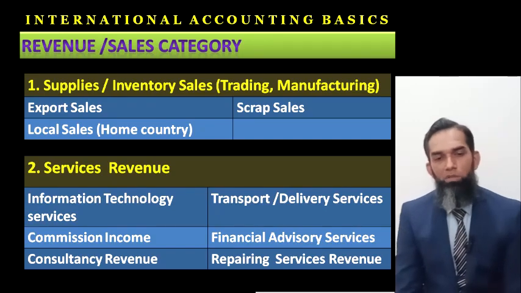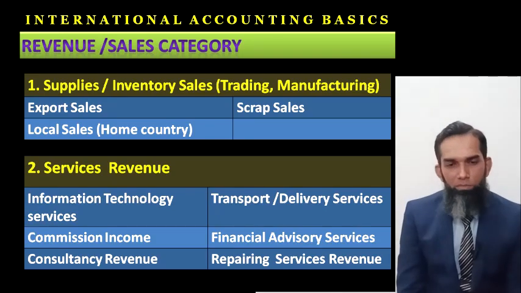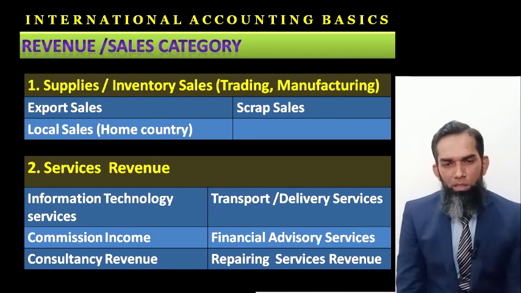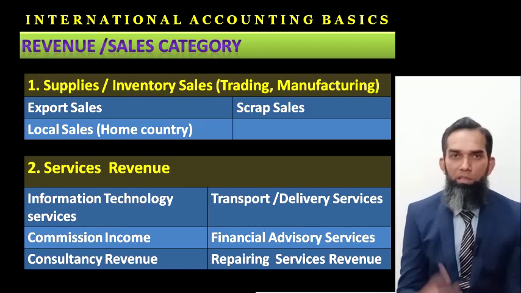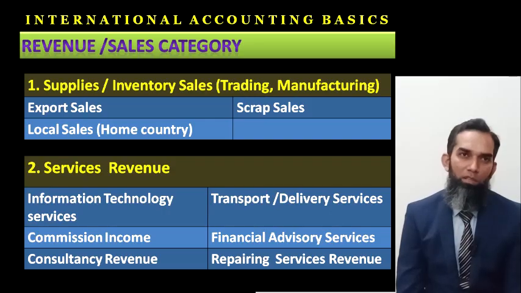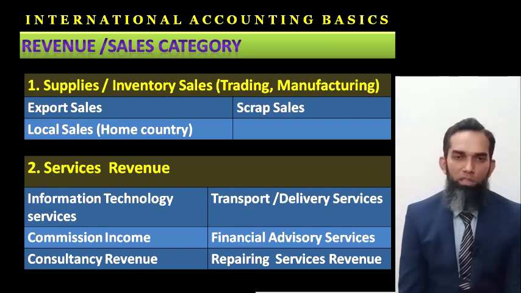And if we talk about the revenue side, what is called revenue, and what are the types of revenues? Actually, there are sales categories in the company. Company sales are from the local side, they do export sales, and they also do scrap sales.